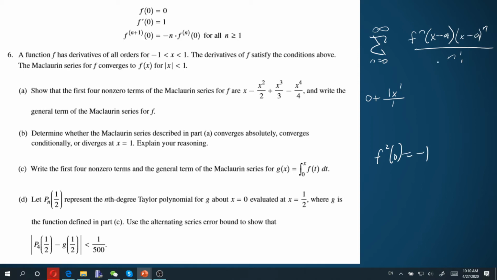And then with our Taylor series formula, what's going to happen? It's -1/2. Okay. Negative x squared over 2 factorial?